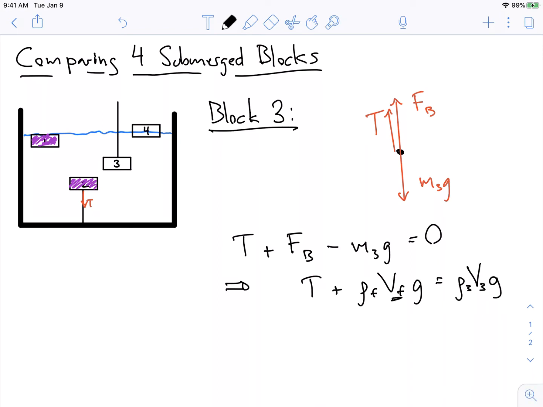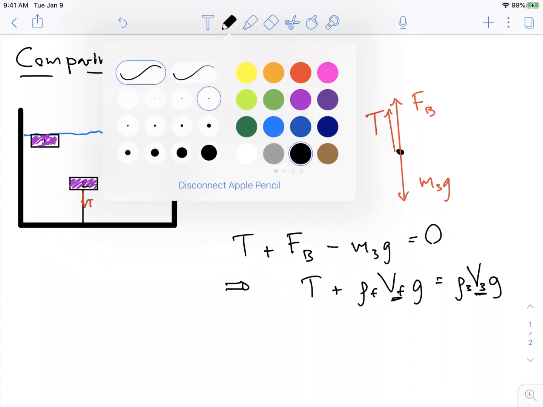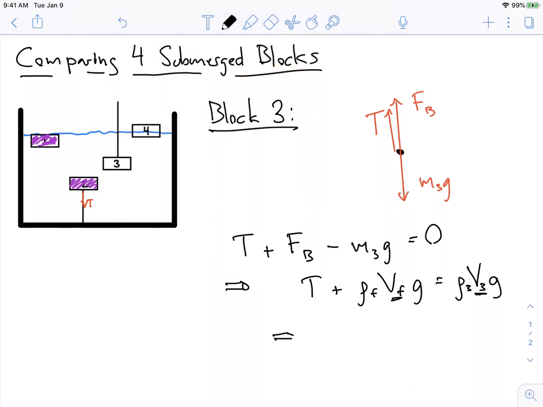Once again, the volumes are equal, and so we could write this as T over Vg plus rho f is equal to rho 3. And those are the forces that are acting on it.